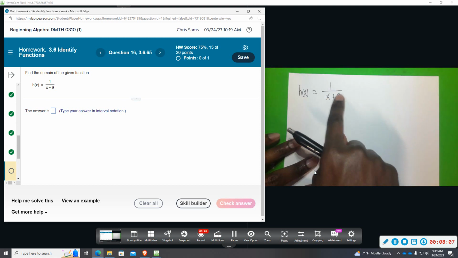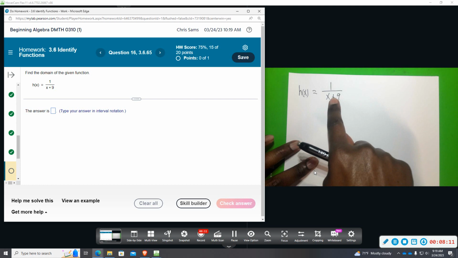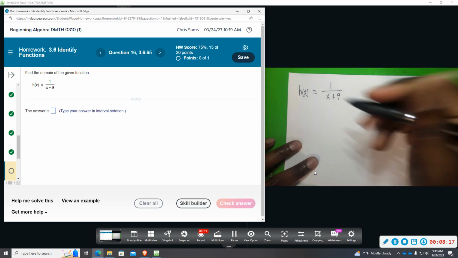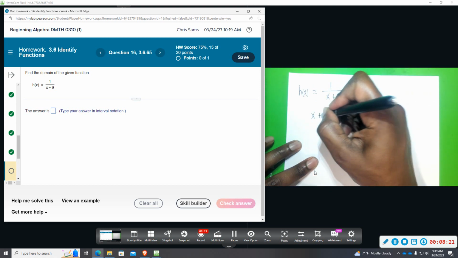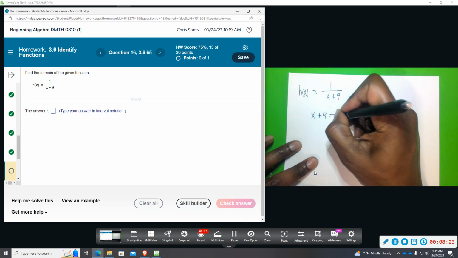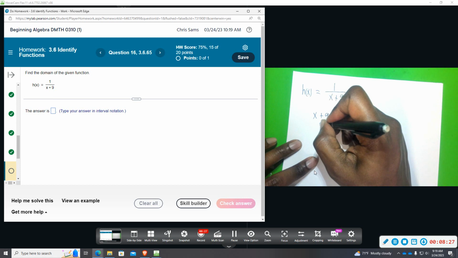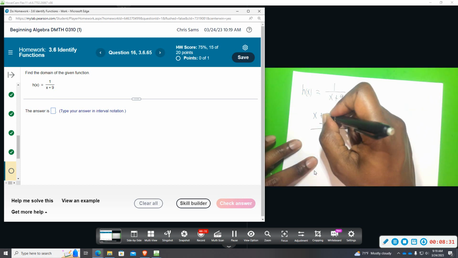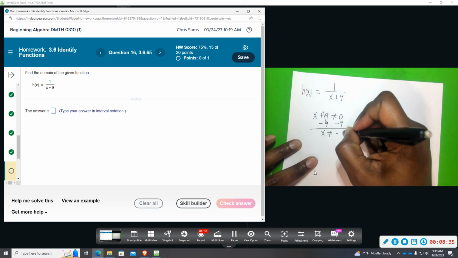Now, as we just previously mentioned, whenever I have x in the bottom, this is a problem because I cannot divide by 0, so I've got to figure out what makes this 0. So I'm going to say x plus 9 not equal to 0. And then I'm going to subtract 9 to get x by itself. And that's going to give me x cannot be equal to negative 9.